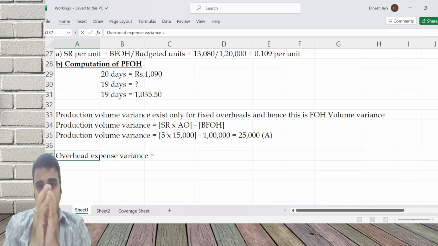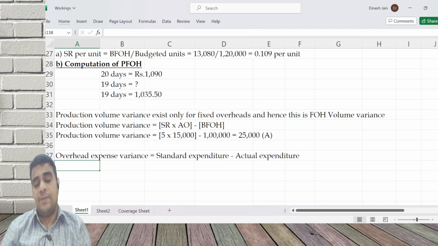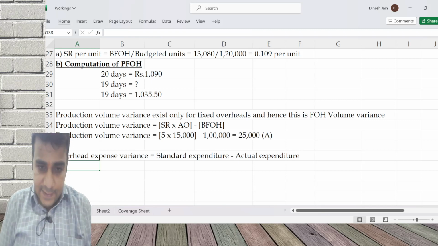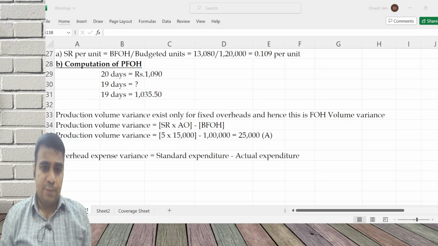So for overhead expense variance, we'll take standard expenditure minus actual expenditure.